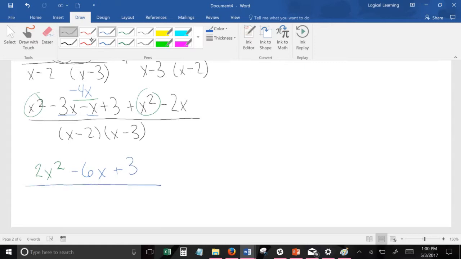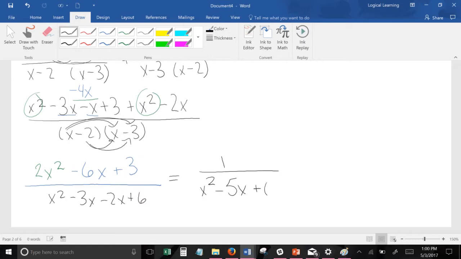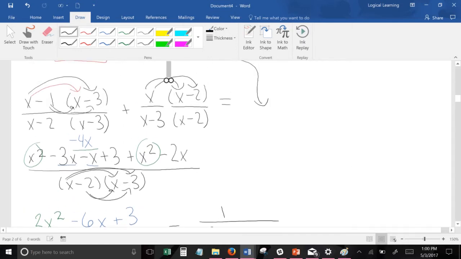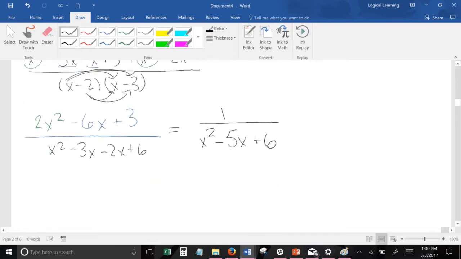We're also going to FOIL out this bottom half, which will give us x squared minus 3x minus 2x plus 6. And remembering that this is equal to 1 over x squared minus 5x plus 6, we're just keeping the right-hand side of our equation the same.